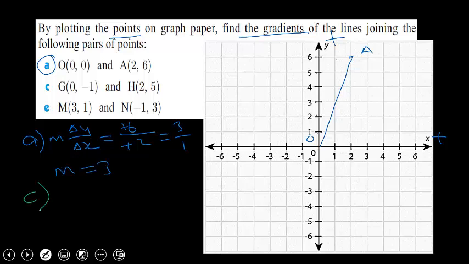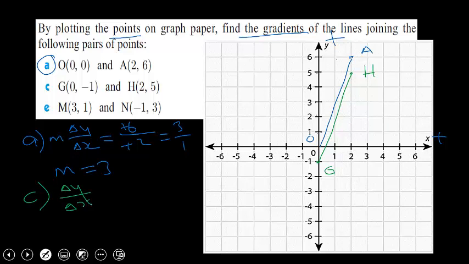Let's draw C. Point G is 0, minus 1. So x is 0, y is minus 1. That's point G. And H is 2, 5. 2 and 5. That's H. Connect the 2. What is the gradient of G and H? So change in y over change in x.